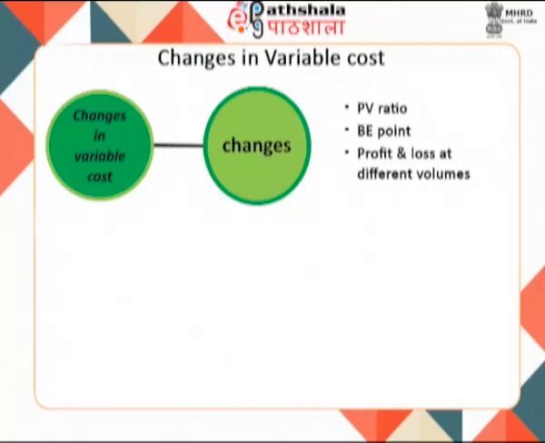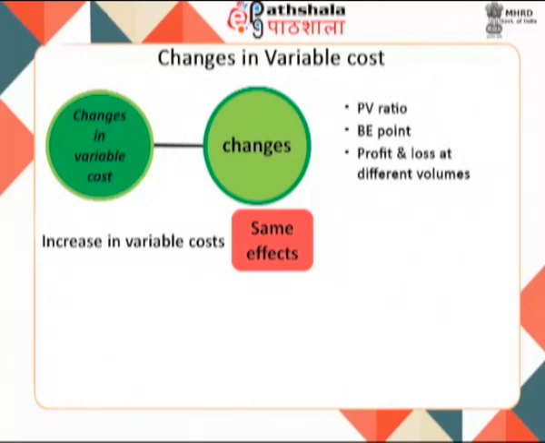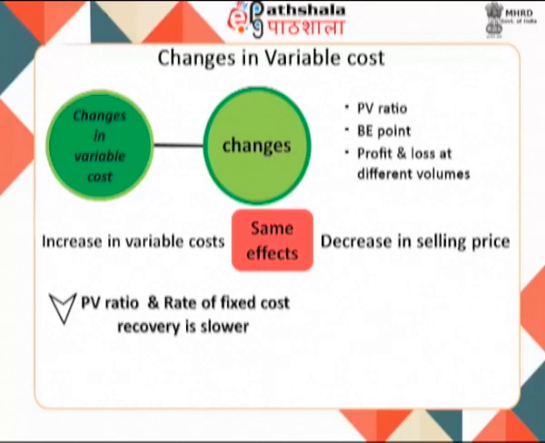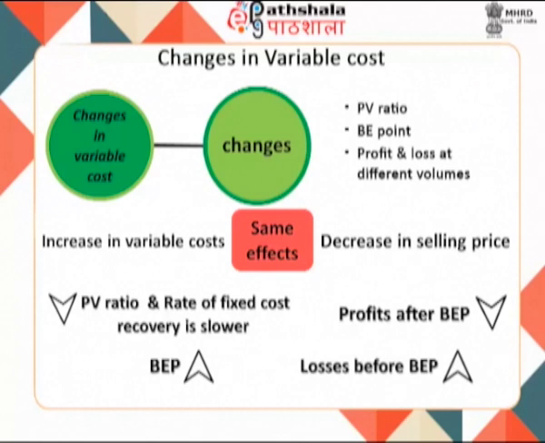The effects of changes in variable cost can be summarized as: an increase in variable cost has the same effect as a decrease in selling price. It decreases the PV ratio and the rate of fixed cost recovery is lower. The break-even point moves to a higher level. The profits after the break-even point decreases, losses before the break-even point increases.